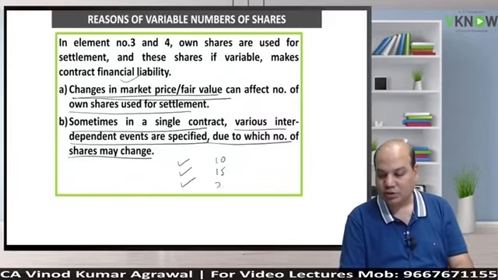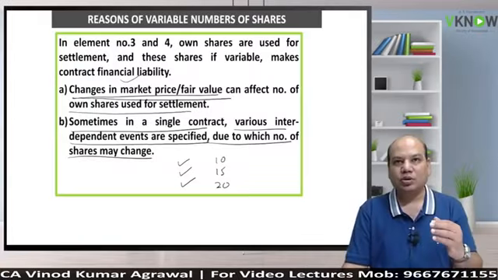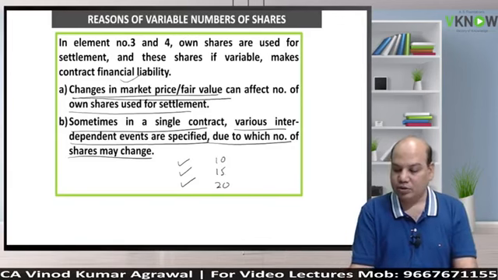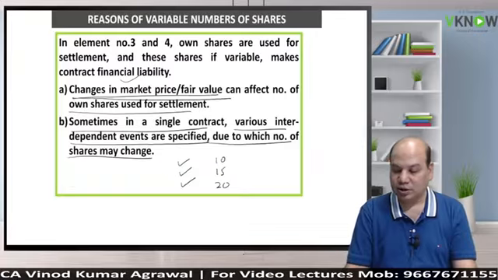If this happens, 20 shares will be issued. So a contract which issues different number of share for different events has a variability, and therefore it is a financial liability.